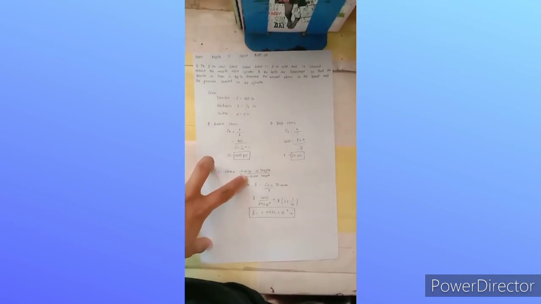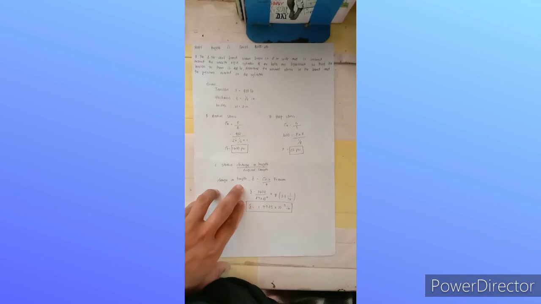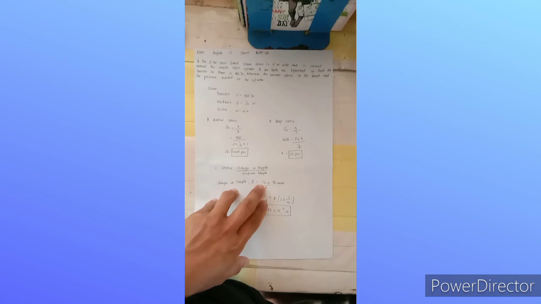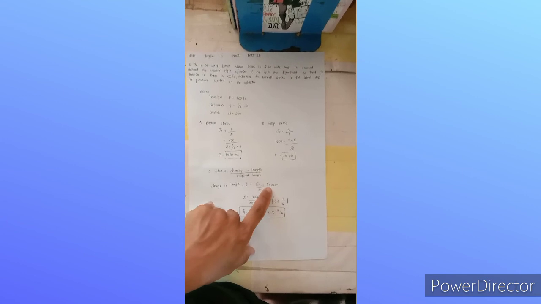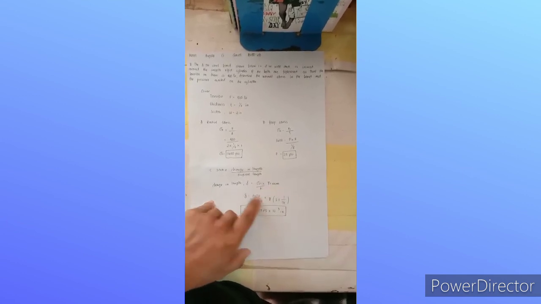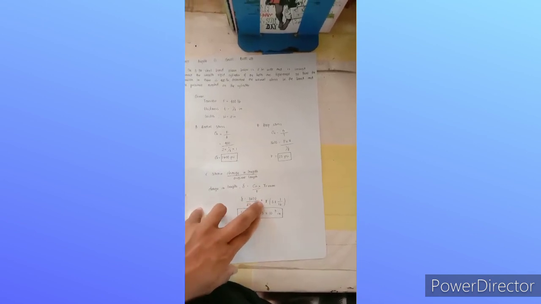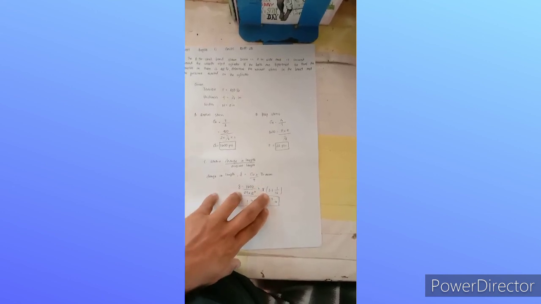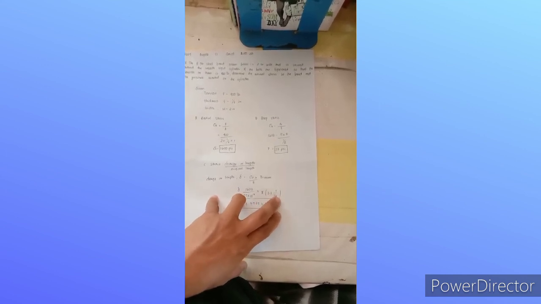So for our strain, the change in length all over original length. So the strain is equals to stress H times pi the R mean, all over E. So strain is equals to 1600 all over 29 times 10 raised to 6 times pi of 8 plus 1 all over 16.